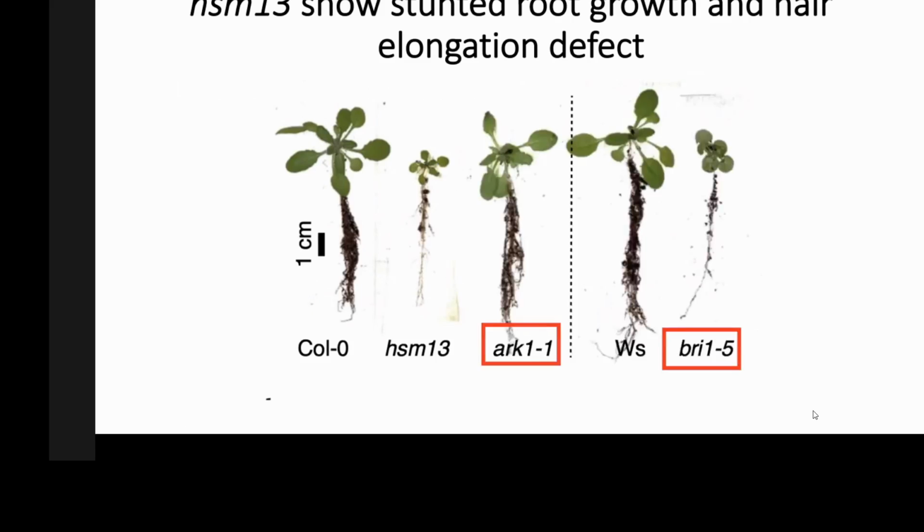And these other mutants, BRI15 and this ARC1, also had defects in elongation; these are mutants with known defects. For the BRI15, they mentioned in the paper that it is unable to perceive the growth hormone brassinolide, and this ARC1 is a root hair mutant. I think it has defects in microtubule dynamics.